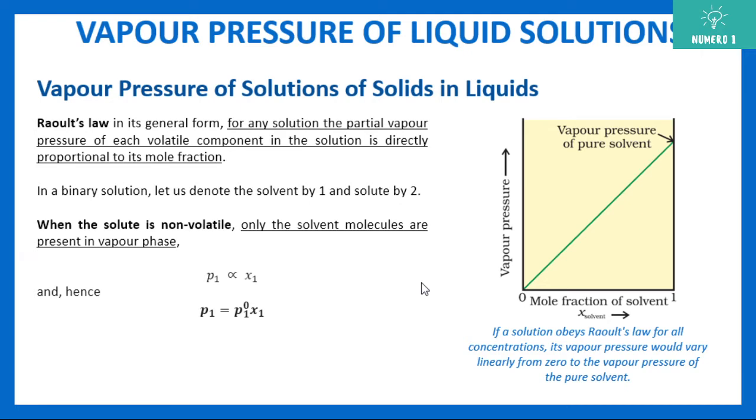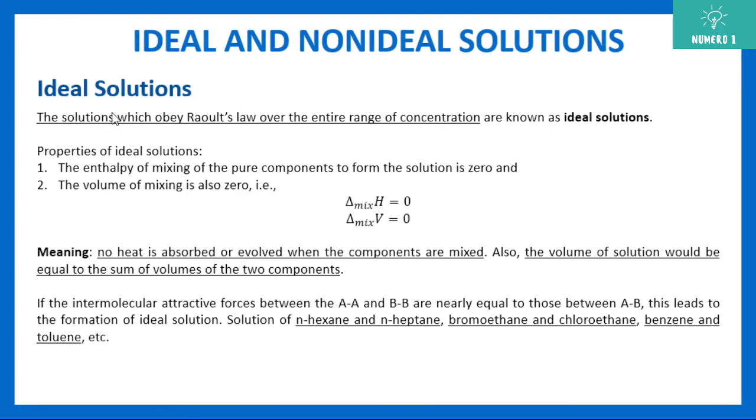Going ahead, there is something which is called an ideal solution. Ideal solutions are those solutions which obey Raoult's law over the entire range of concentration. Now there are some properties related to the ideal solution. The first property is that the enthalpy of mixing of pure components to form the solution is 0, that is delta H mix equals 0.